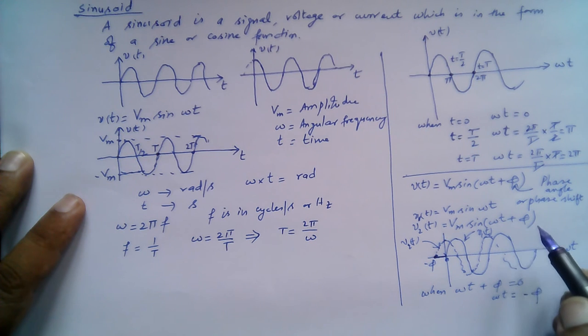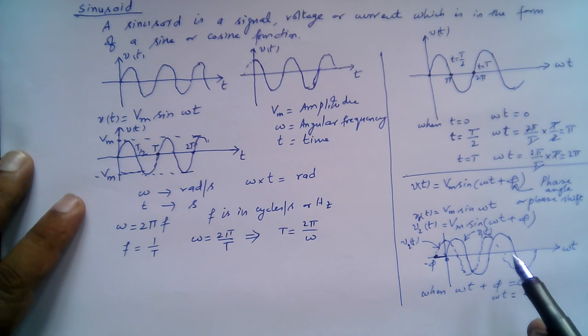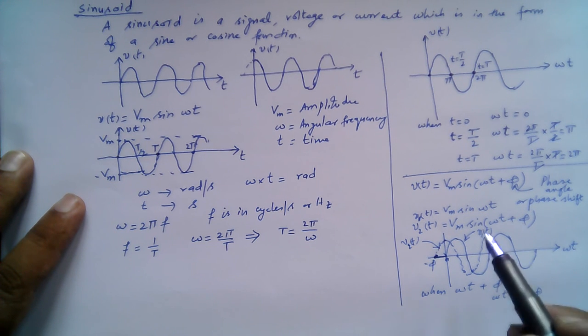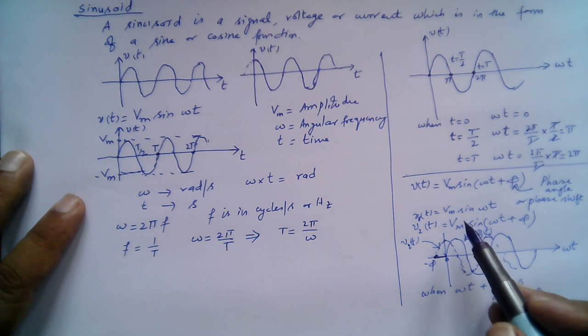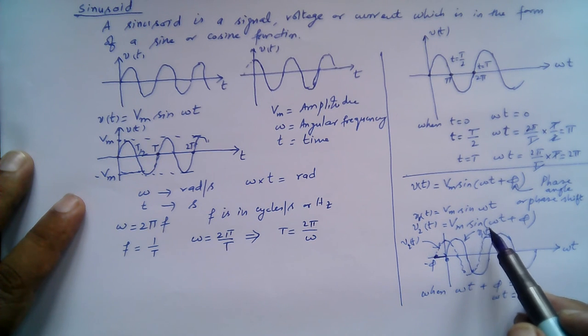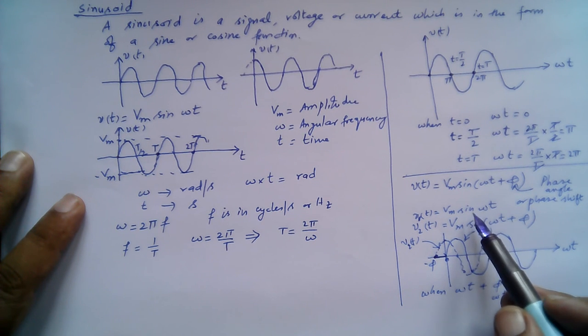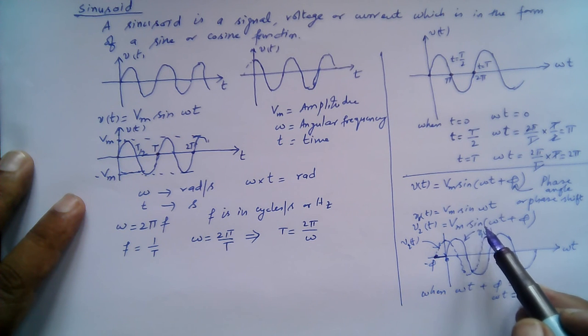So if you want to compare two sinusoids, whether a sinusoid leads the other sinusoid or lags the other sinusoid, we must formulate both the sinusoids in a similar form. For example, both the sinusoids must be either in the form of sine or in the form of cosine.